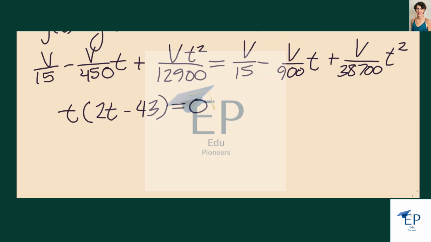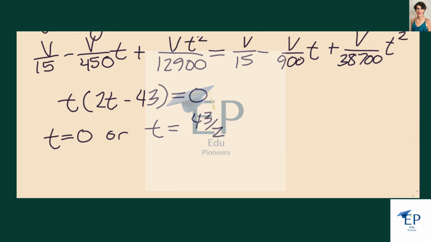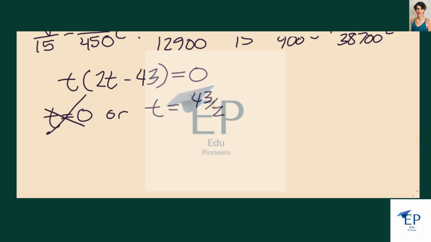And so it follows that our critical numbers are either t equals 0 or t equals 43 halves. Now, because we're only looking at critical numbers in the interval (0, T], we're only considering t equals 43 halves.